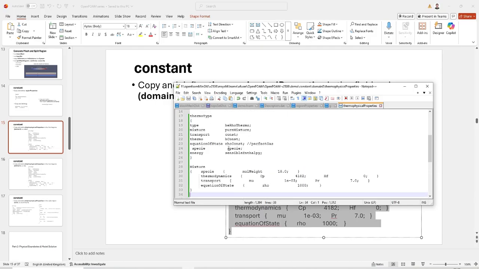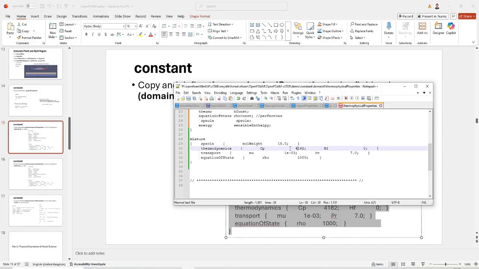There are some differences if you look at the exact values, because the specific heat capacity significantly increases for water compared to air, and mu is also different, and of course the density of water is much higher.